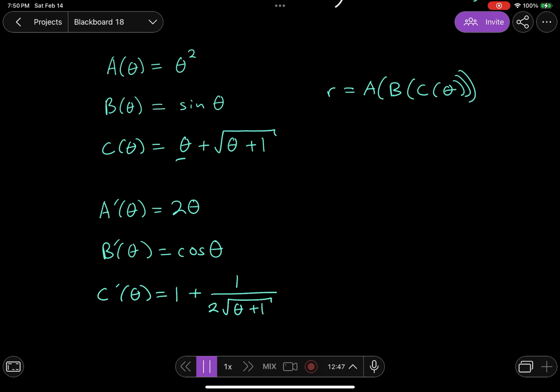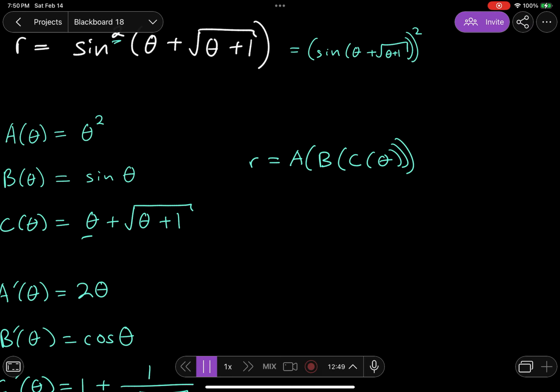Now, all those pieces are going to come into play when I take the derivative of r. So the extended chain rule will say that what I have to do to find r prime is take the derivative of the outside function and evaluate it at the inside function.